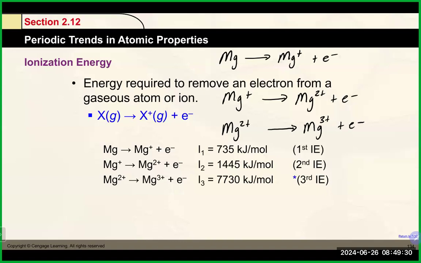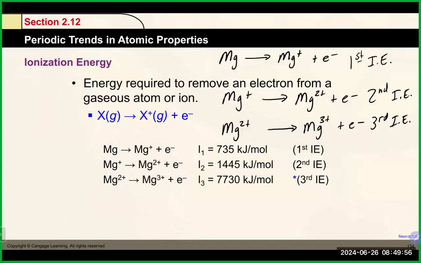Now, when the first electron comes off, that is what is sometimes referred to as the first ionization energy. So the first ionization energy is the energy required to remove the first electron. The second electron that pops off is the second ionization energy, the energy to remove the second electron. And creatively enough, the third ionization energy is the energy to remove the third, the fourth would be the fourth electron, fifth, and so forth.